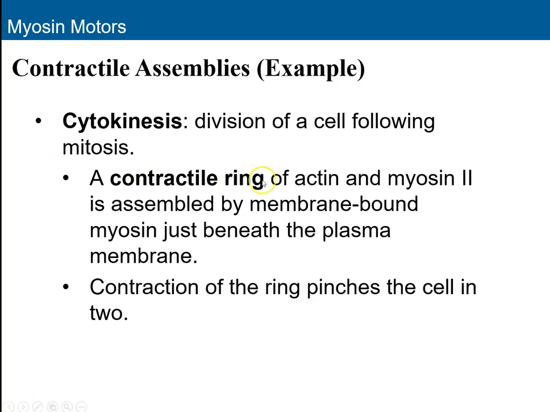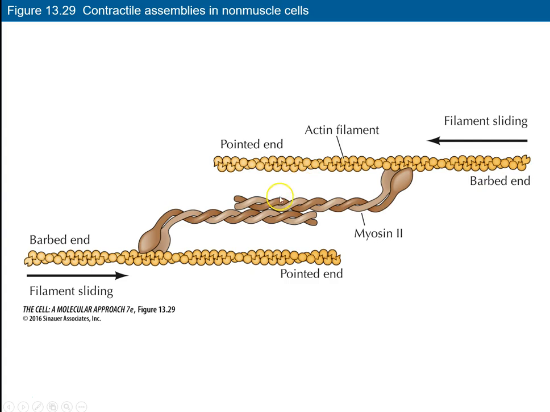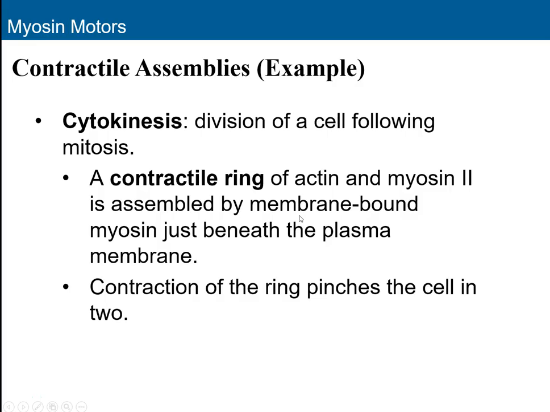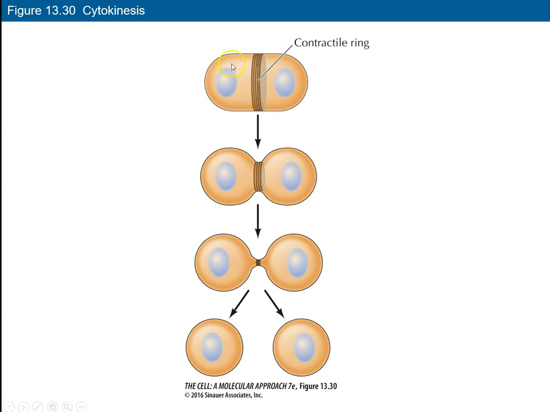And that contractile ring has actin and myosin, okay? What's happening there is these actin and myosin filaments sliding. And it's showing you a picture here, right? Again, here's your contractile ring. It's shortening and squeezing because myosin is grabbing onto those actin filaments and pulling them together.